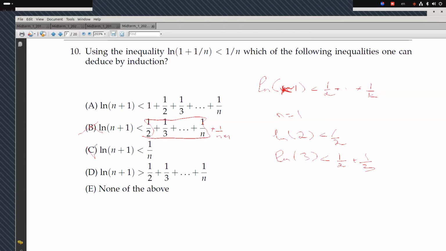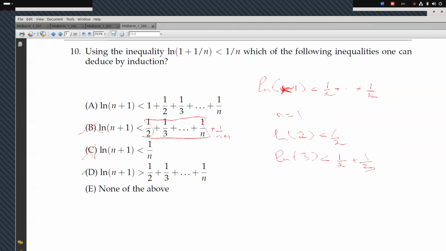This one also is not true, guys, because when n goes to infinity, what is the limit of logarithm? It is infinity. But the limit of 1 over n is 0. Something that tends to infinity cannot be smaller than something that tends to 0.